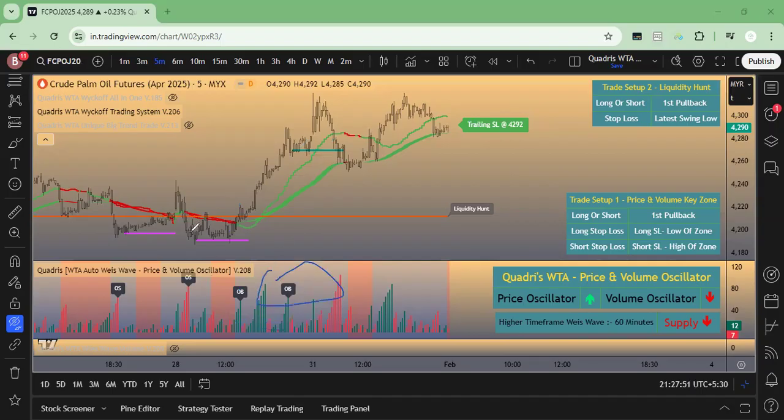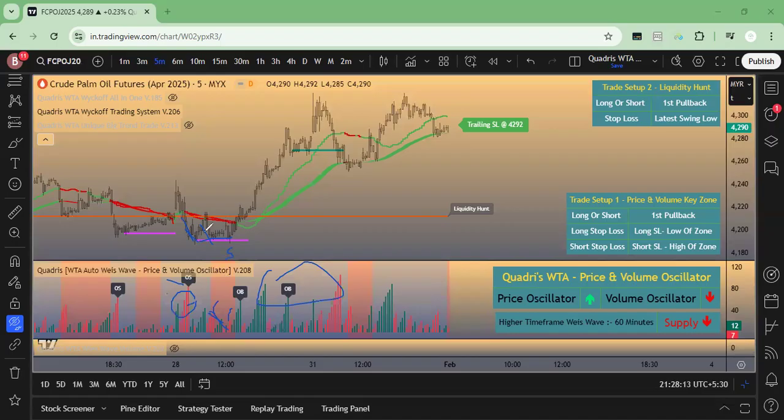Now, as we are approaching downwards, we can see demand has come. Now, I'm not talking about this one. This is supply. This is a selling climax. And as we are approaching downwards, the supply, I'm talking about this red supply, is diminishing and price is holding this level. So this acts as a strength for us.